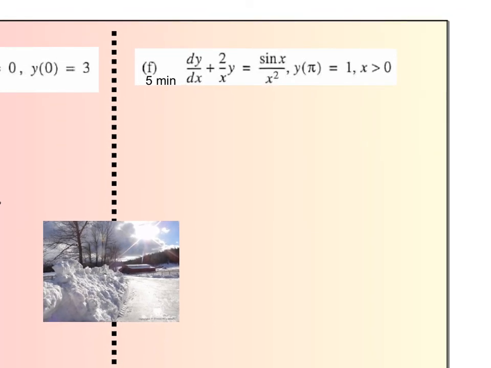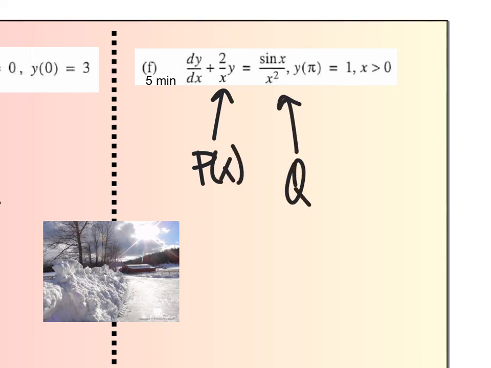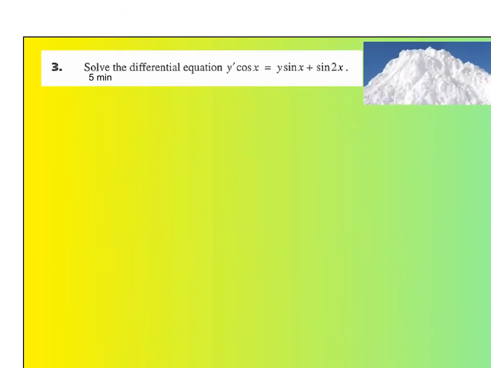Here, again, this is pretty much straightforward. There's your P of x, 2 over x. There's your Q of x. Boom. That's going to be a fun one, too. And the last one. Yep, okay, here you go. Just a little bit different notation with y prime. I would bring this over to this side, so I'd make it minus and this an equal.